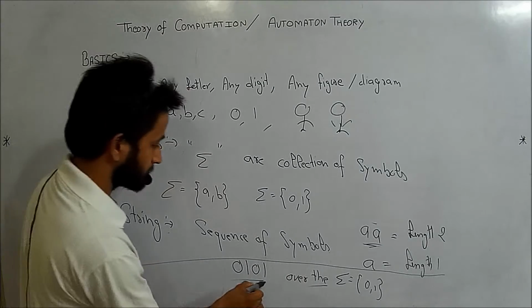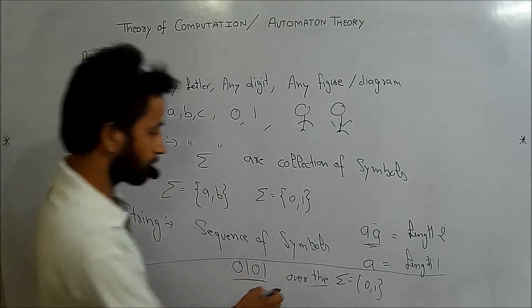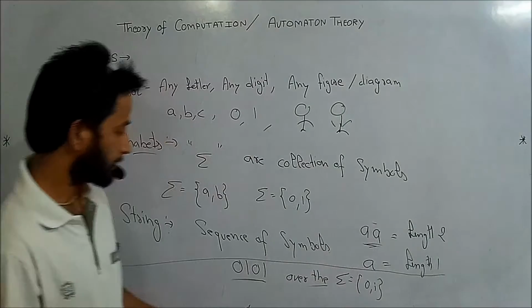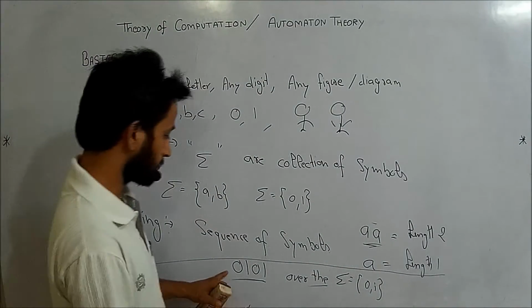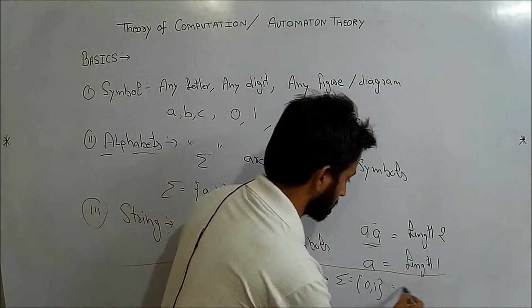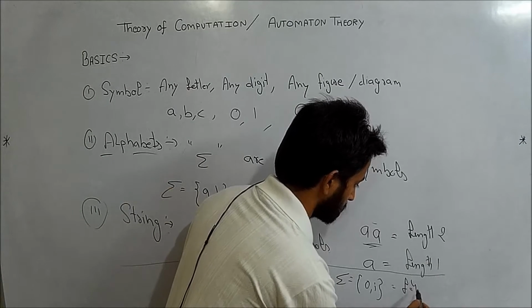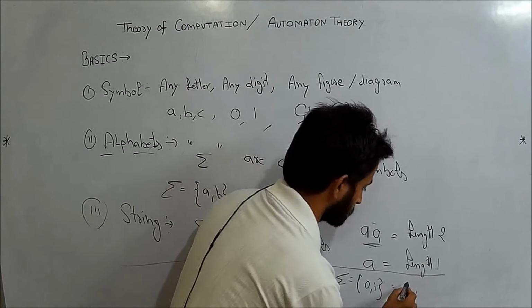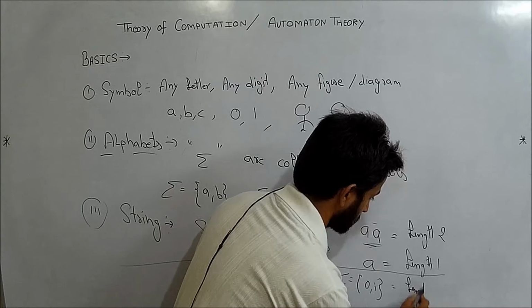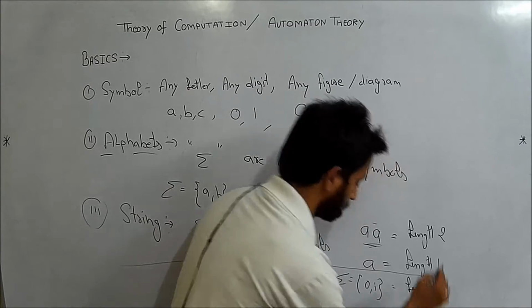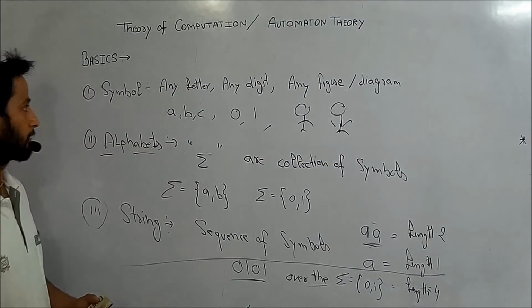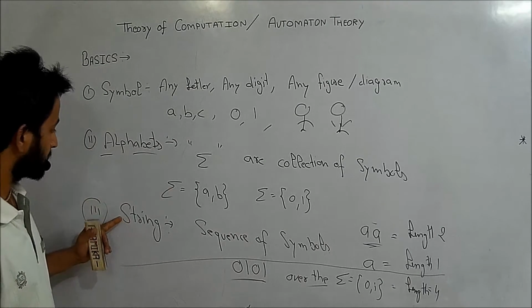This is the string 0 1 0 1 over the alphabet 0 and 1, and the length of that string is 1 2 3 4, so the length of this string is 4. So this is all about symbol, alphabet and string.